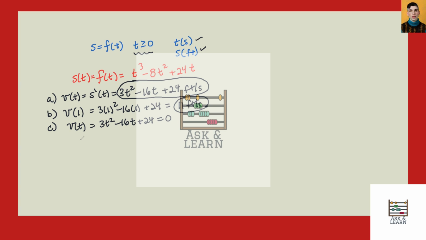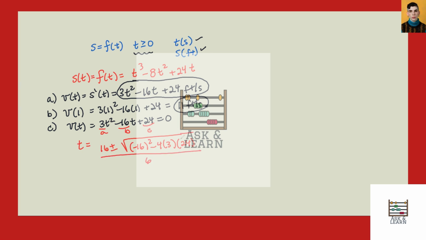The quadratic formula says t will be equal to minus b, remember, we've got a, b, and c, so t is minus b, so 16, plus or minus the square root of b squared, so minus 16 quantity squared, minus 4 times a times c, all over 2a, so over 6.